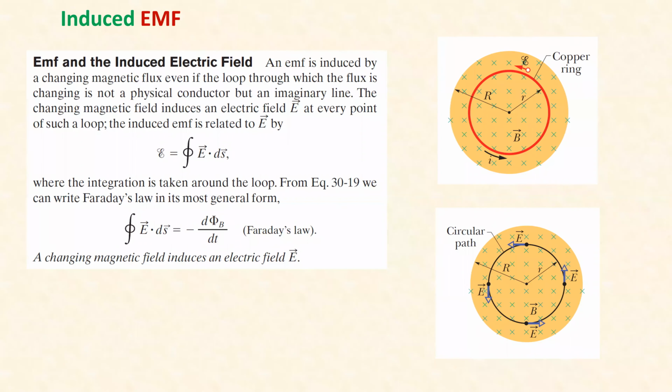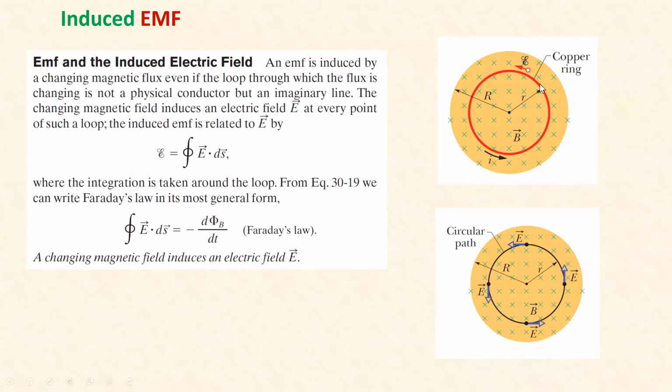Any questions? So you see that here, the magnetic field is into the page, and if it is increasing, the induced current, if there was a loop in here, would oppose that.